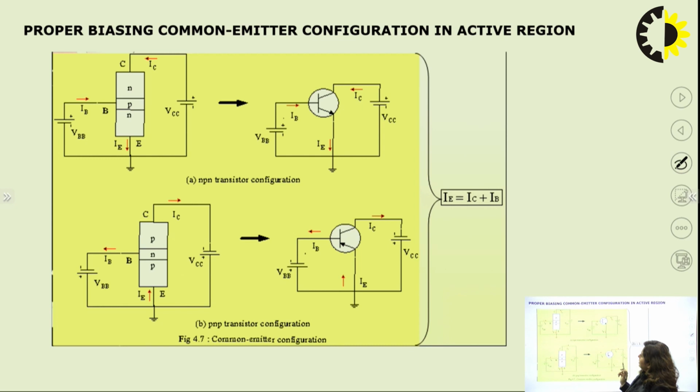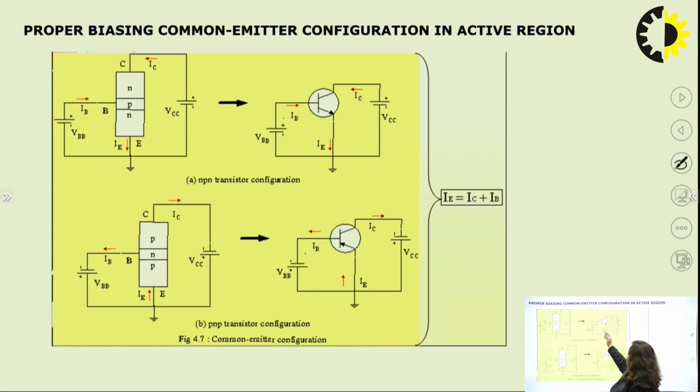So we have the base current flowing from positive to the P side. Obviously it is IB. Similarly the collector current is the input to the collector side, that is IC, and here it is IE. So overall the picture is clear, which we can see from the next diagram.